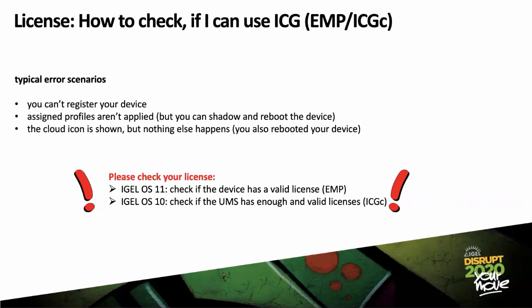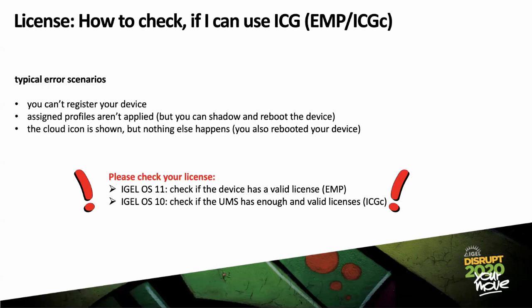Typical is you can't register your device. In part 1, you saw when the device boots up, right down it says device is registered with UMS. If this is not happening, or it is happening, and you assign profiles to the device, but they don't get applied, perhaps you assign a background and there is no change on the endpoint.